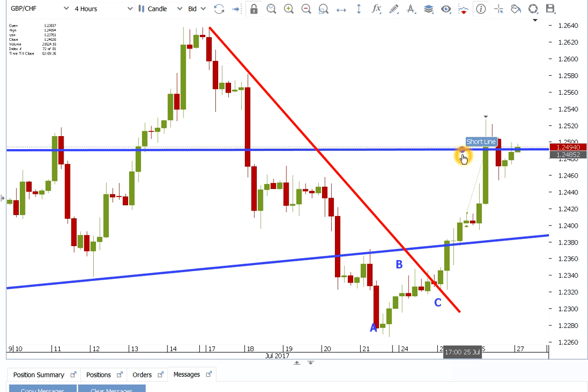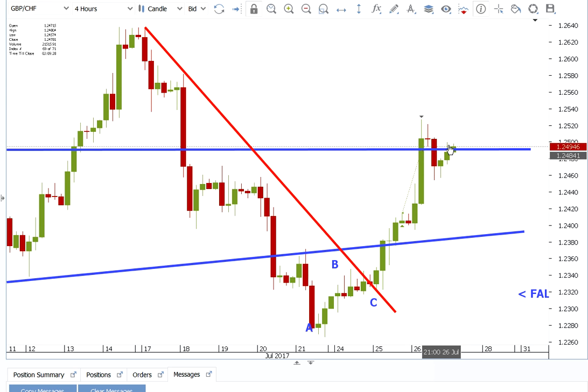Now, in terms of where the market is going to be moving from this point onwards, well, we're now starting to see the market move sideways here, and it did pull back and form this bearish candlestick signal.